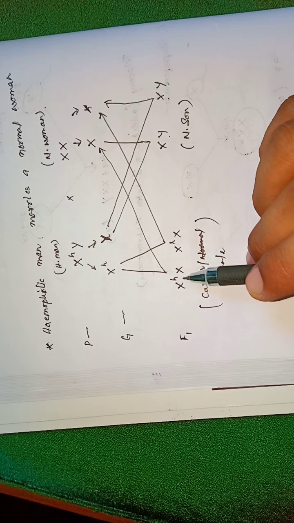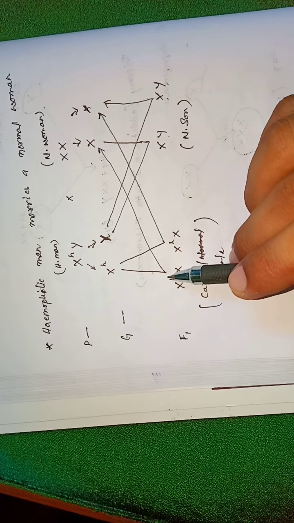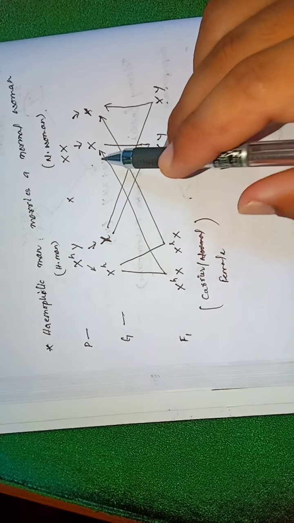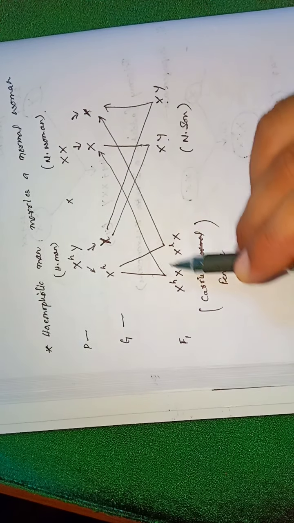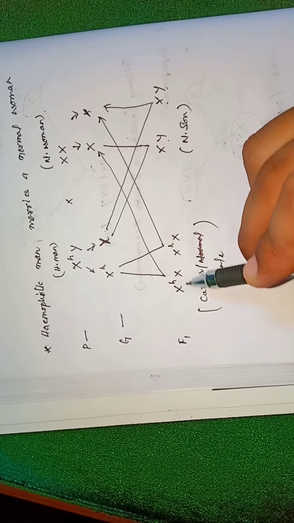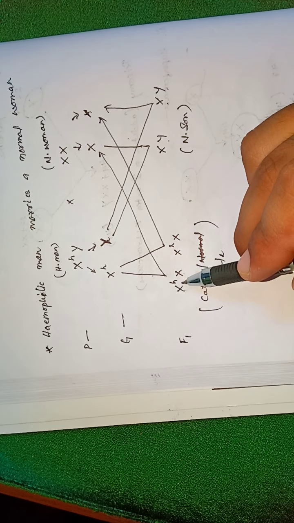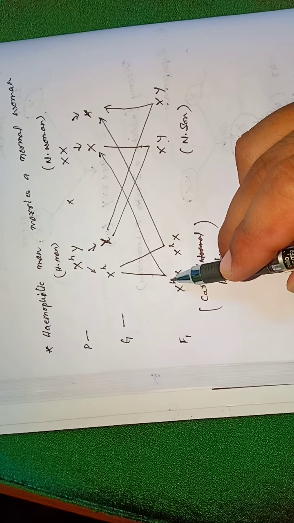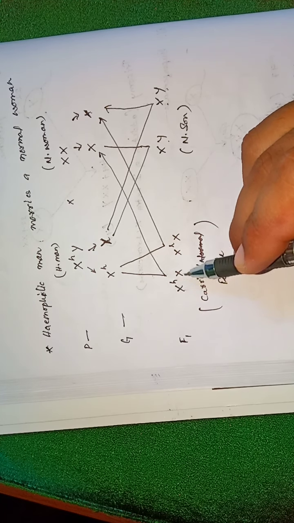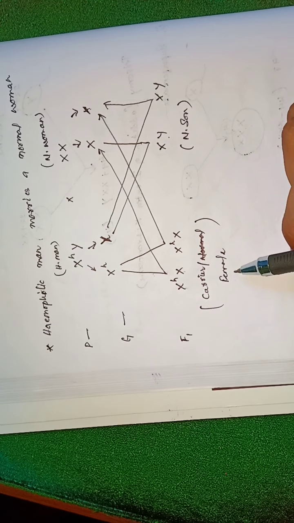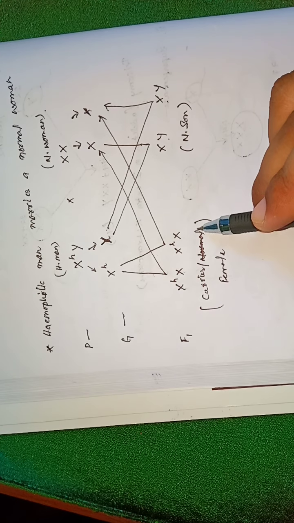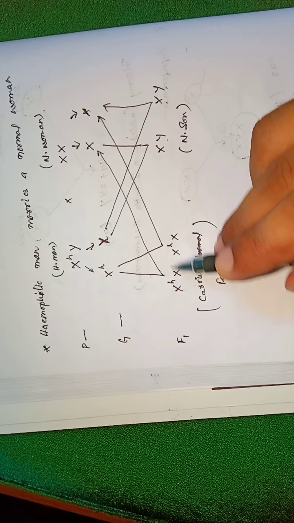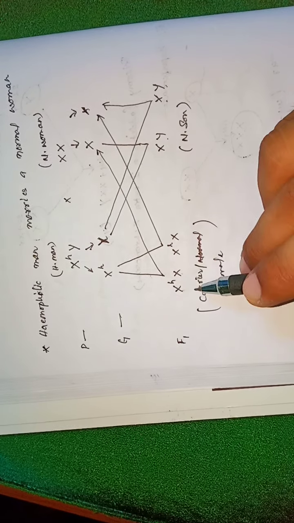The hemophilic X chromosome is received from the father, but the normal X chromosome is received from the mother. I told you that to become hemophilic, a female must have the hemophilia gene on both X chromosomes. In this case only one X is hemophilic and the other is normal, so the female offspring become carriers. That means the hemophilic gene is not expressed in the female, and she is just a carrier.